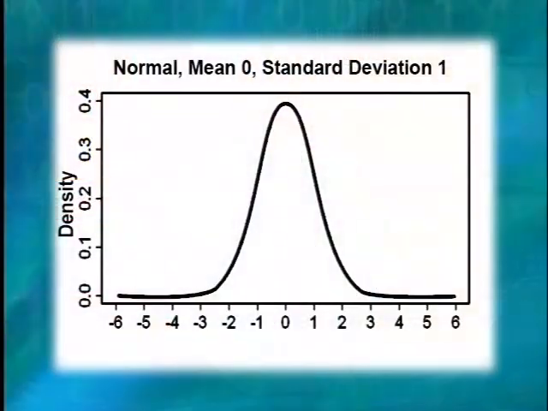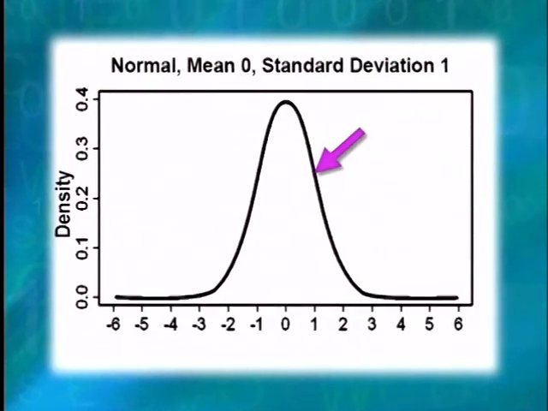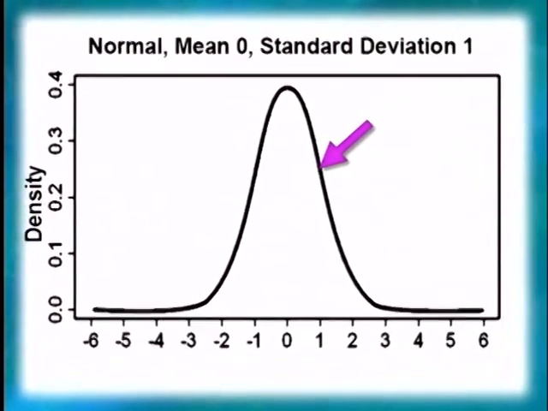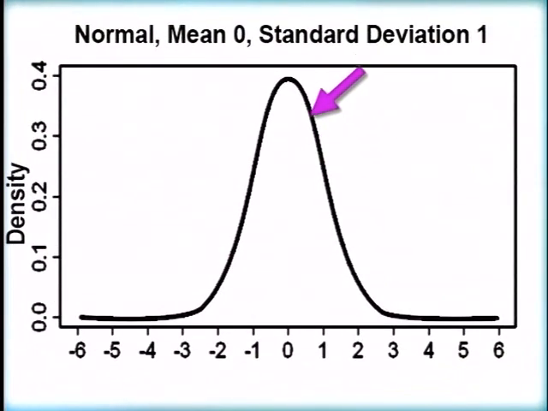For example, if we look at this normal distribution, here we've plugged into our calculator a normal distribution with mean 0 and standard deviation 1, and we get this nice curve here. Now there's a particular point right here that I want you to focus on. Notice something that happens to this curve. It curves up like this, and then it's peaked, and then it comes back down. It's all symmetrical, in this case around 0.